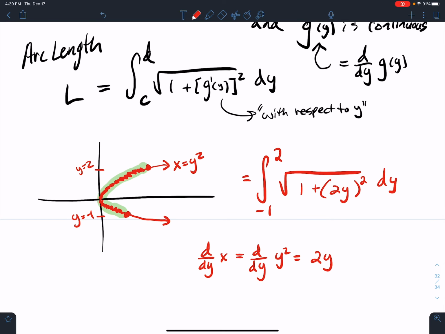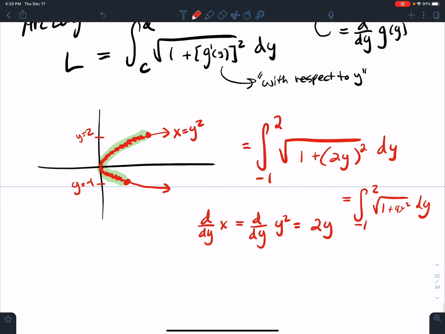Simplify that a little bit: the integral from -1 to 2 of the square root of 1 plus 4y squared dy.